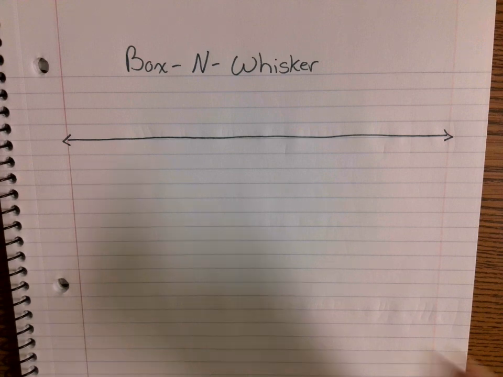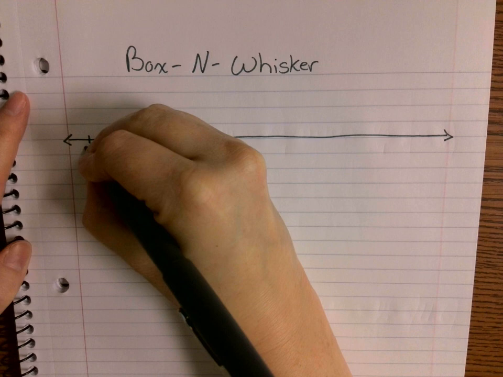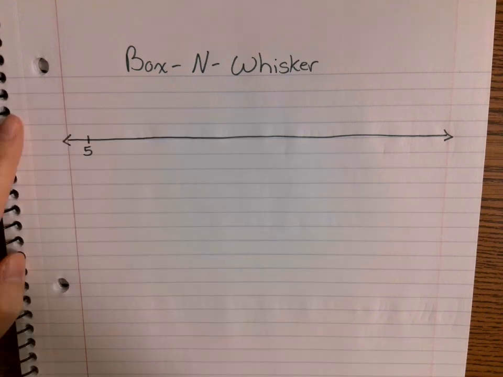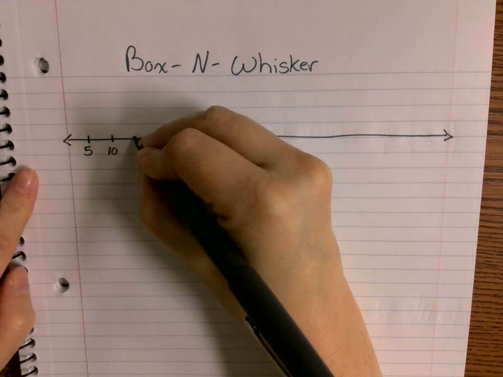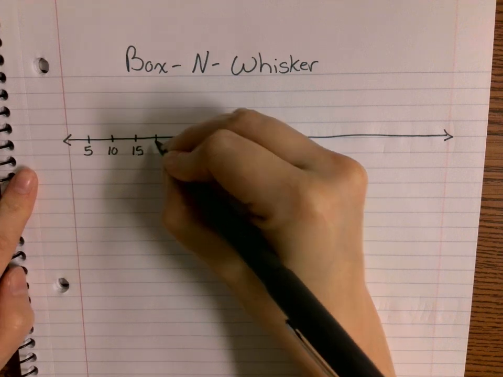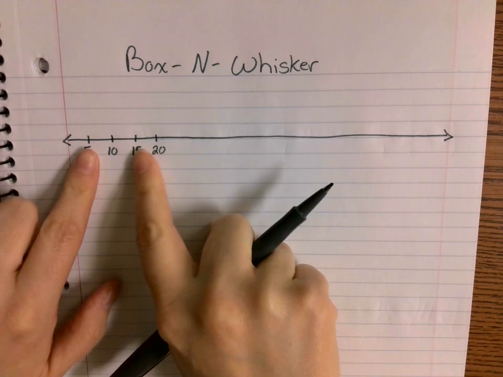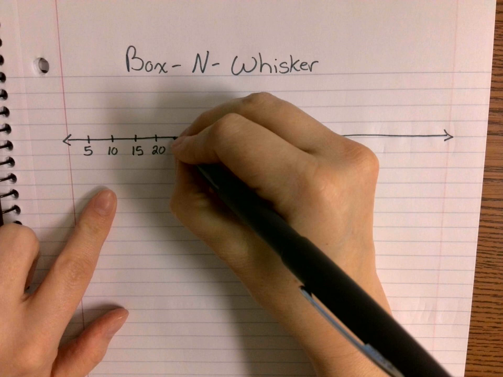So my first number here, I'm going to put a 5. And then I'm going to make sure that I am equally spaced apart every single time that I'm drawing my new line, right? I don't want to make them too close together and then too far apart. I want to make sure that they have relatively equal spacing apart.